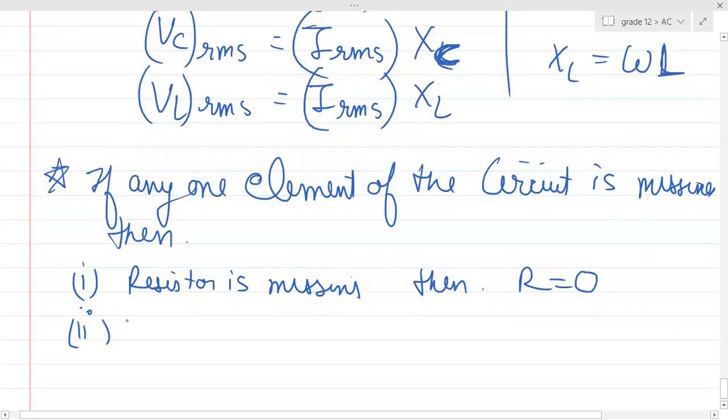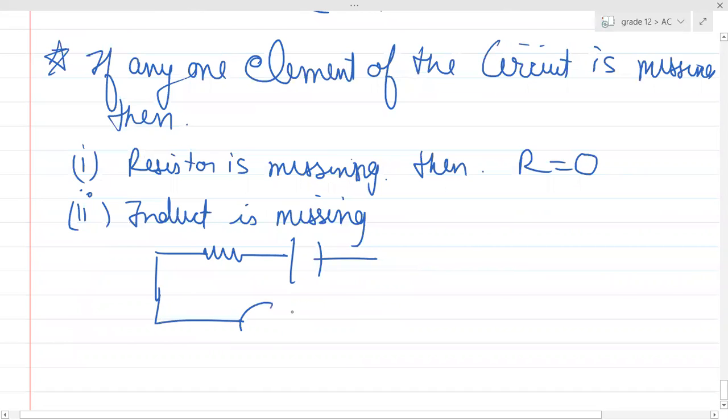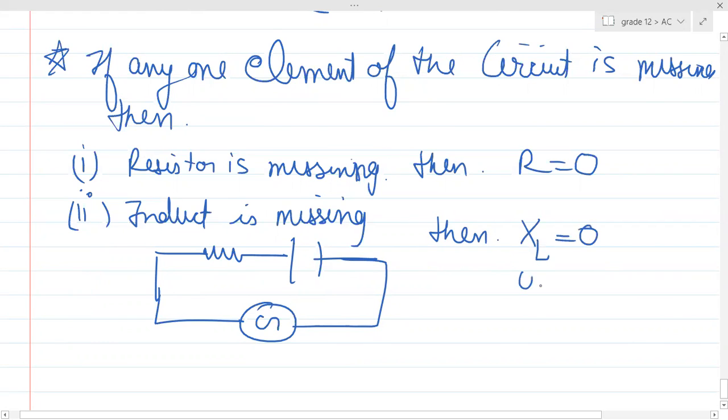When the inductor is missing, there is no inductor in the circuit, it's just a resistor and a capacitor connected across an AC source. If it's like this, you'll consider XL as 0. If I consider XL as 0, then omega L is basically 0. And from here, can you see L is also 0, right?